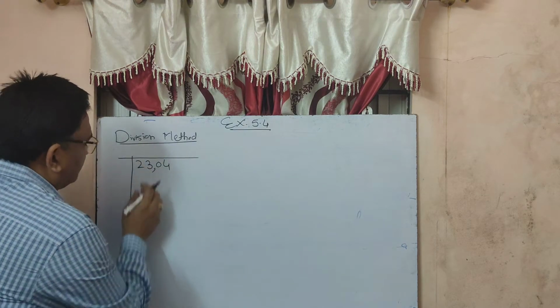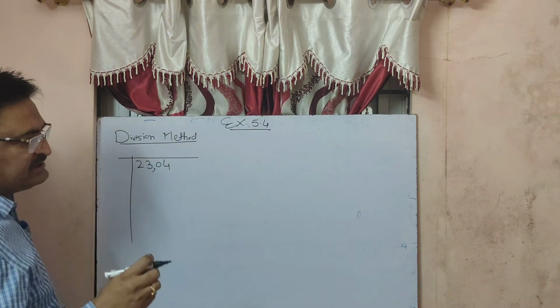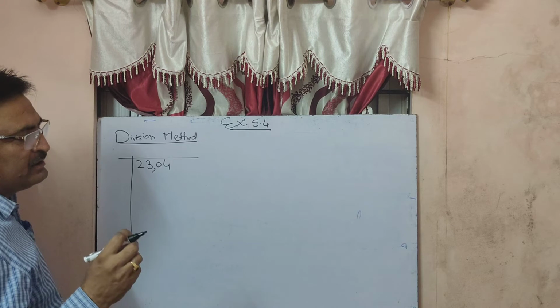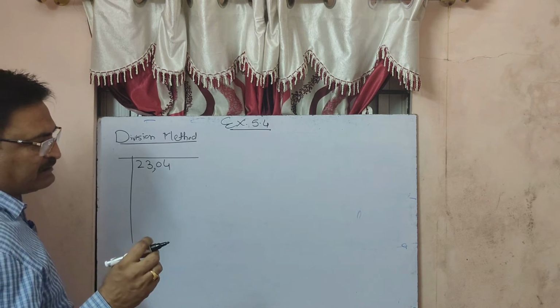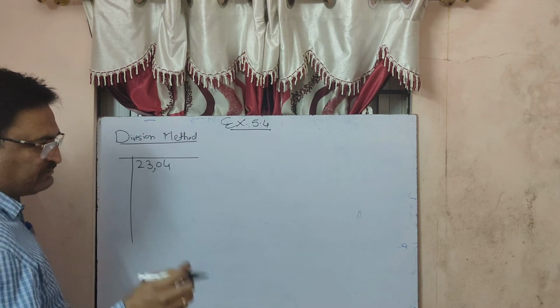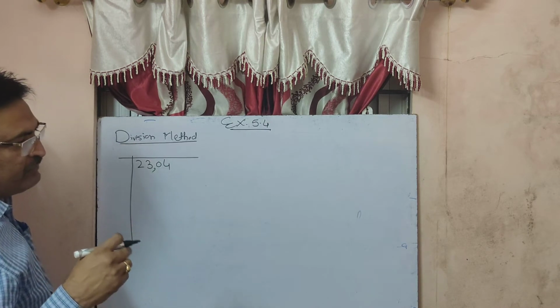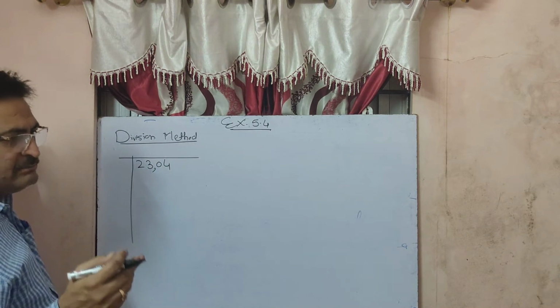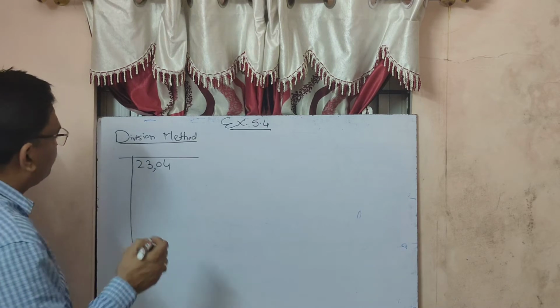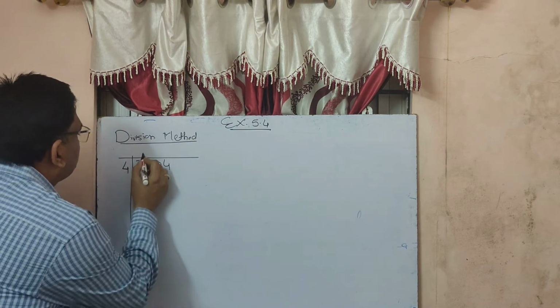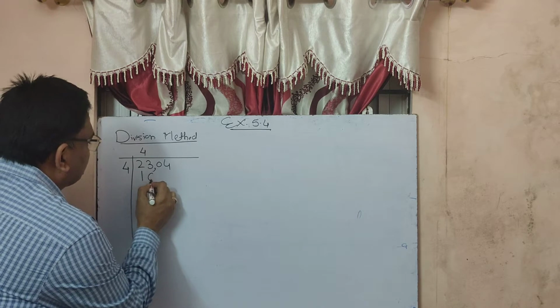Now 23. 23 is near to which square number? 2 squared is 4, 3 squared is 9, 4 squared is 16, 5 squared is 25. 25 is more, so we have to choose 4, 4 times 4 is 16.